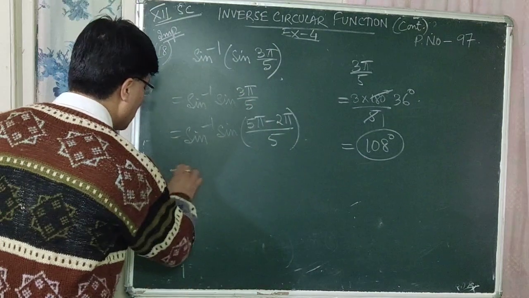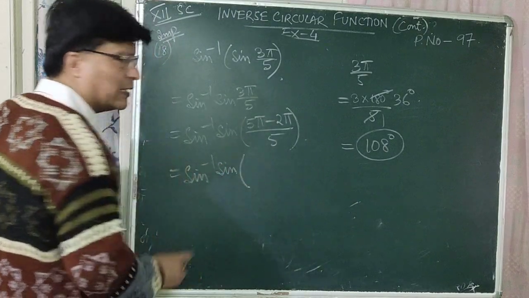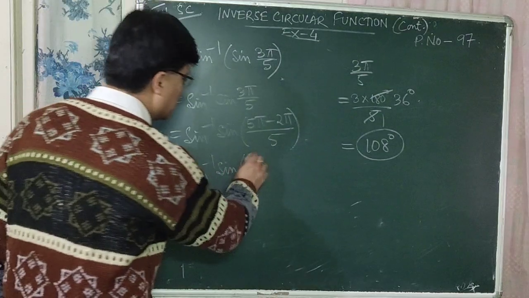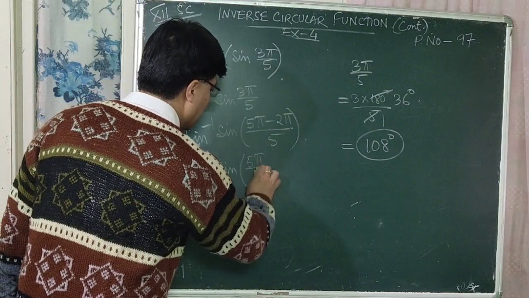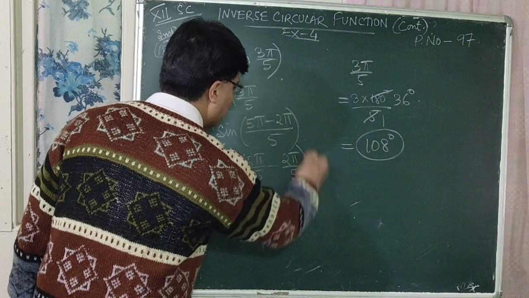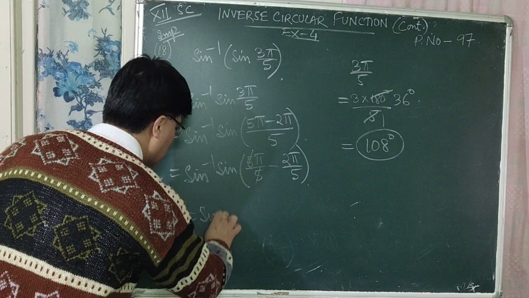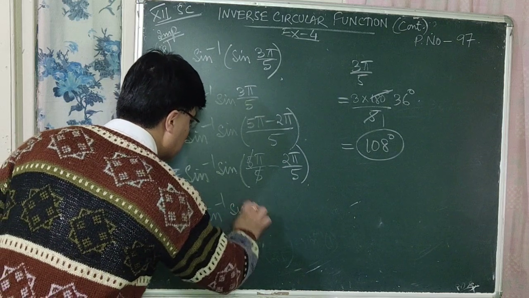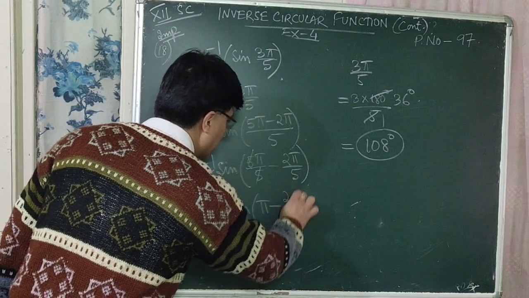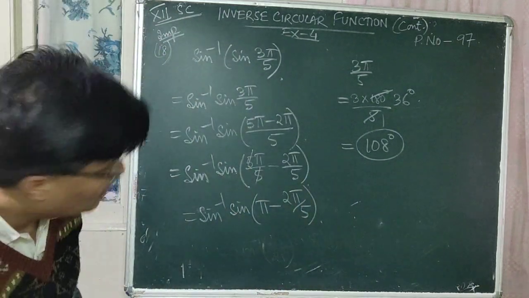Let us separate the terms here: 5 pi by 5 minus 2 pi by 5, right? So the 5 cancels. So this is sine inverse sine of within bracket pi minus 2 pi by 5, right?